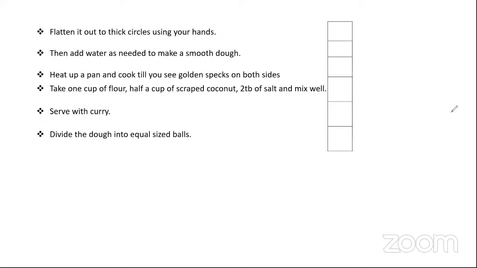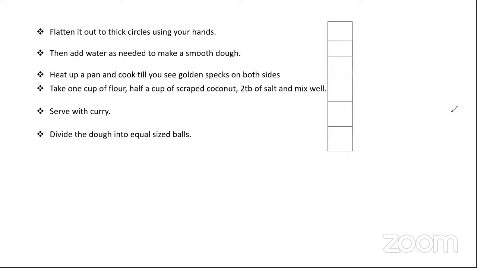Flatten it out to thick circles using your hands. Now in this sentence, there are some words you know. Just think of that word and think of the picture. Then you will be able to find the answer. Flatten it out to thick circles using your hands.